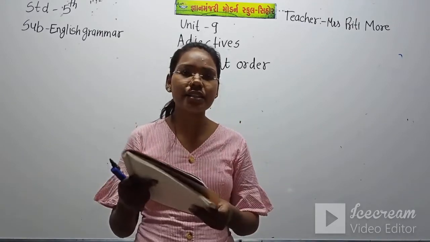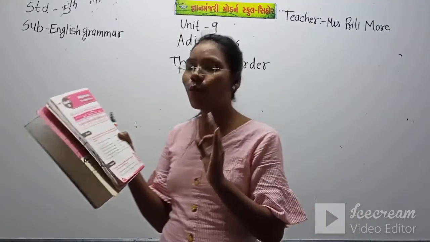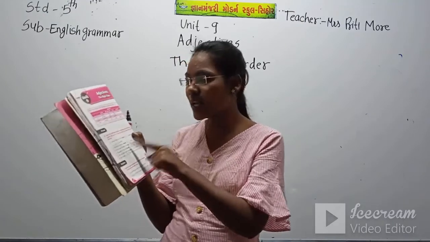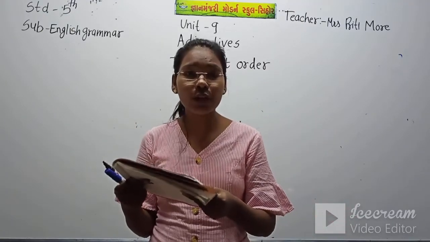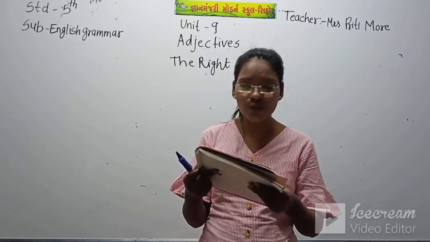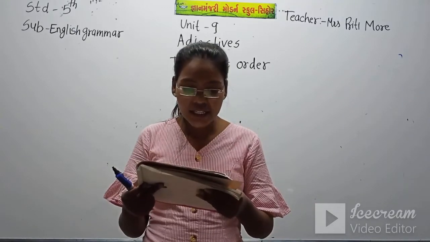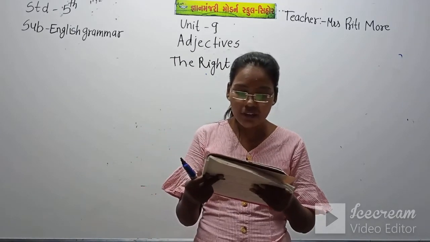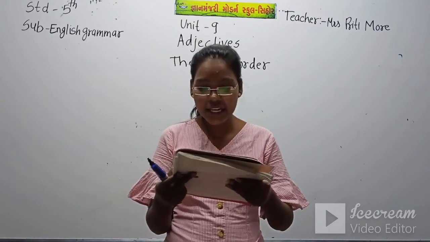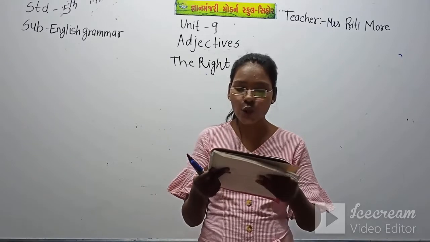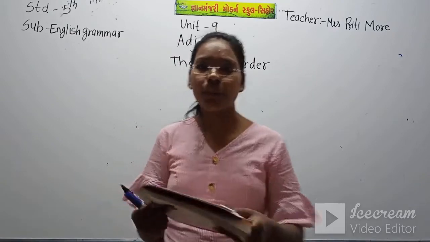There are six sentences and some adjectives are highlighted in bold black color. Write OP for opinion if the highlighted adjective is opinion. If it is size, write SI. If age, write A, if shape, write SH, if color, write CO, and if material, write MA.